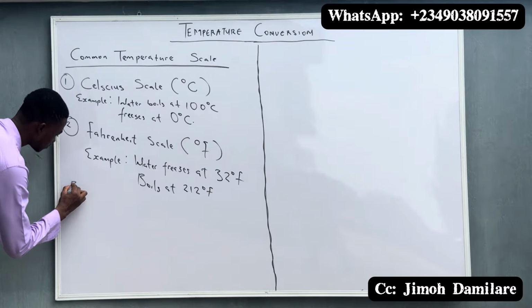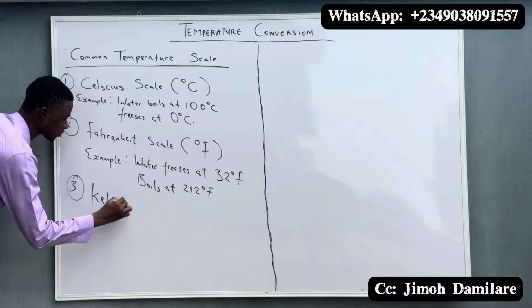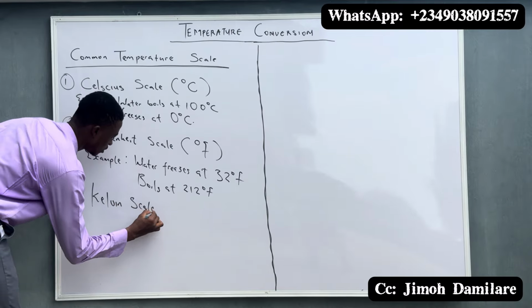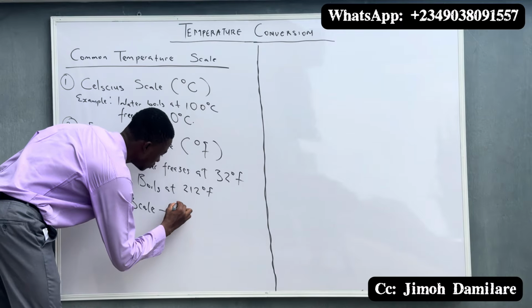And lastly, we have the Kelvin scale. This Kelvin scale is also known as the absolute temperature.